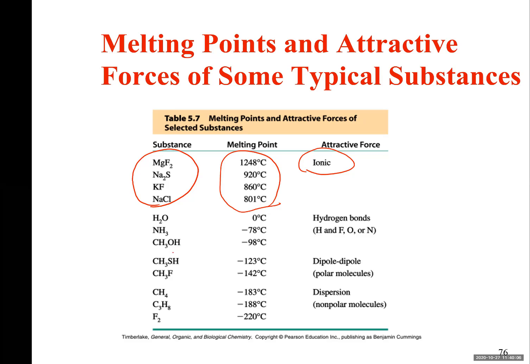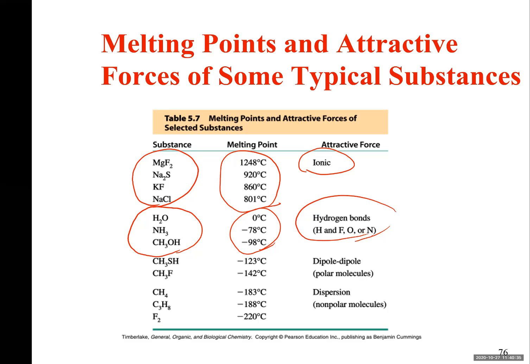And if I look at these 4 compounds, they all have hydrogen bonding. Generally their melting point is very low, much lower than ionic compounds: 0, minus 78 for ammonia, minus 98 for CH3OH.